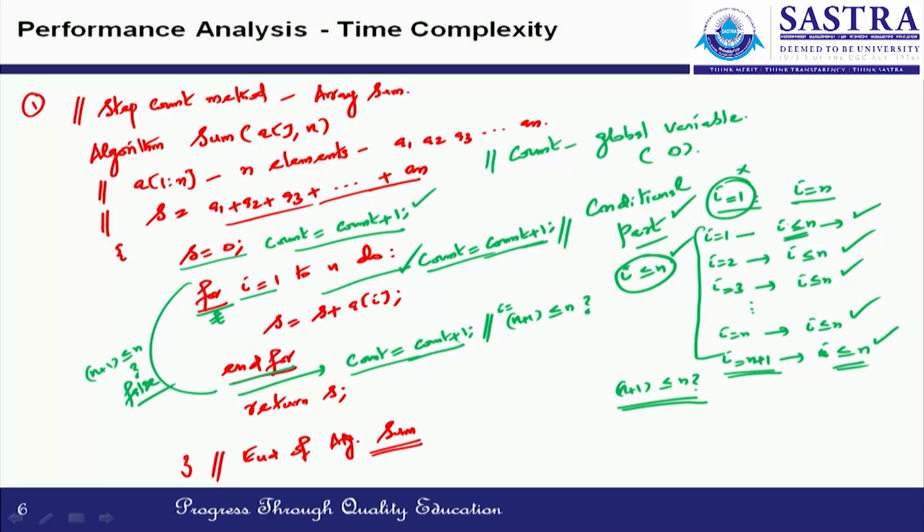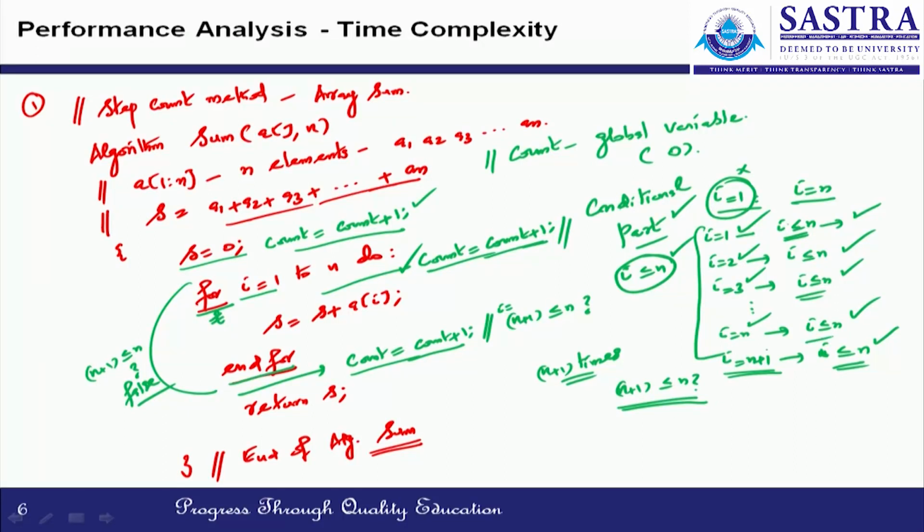So, just understand, for I is equal to 1 to n do means the for loop condition is tested n plus 1 times. How? When I is equal to 1, I less than or equal to n is tested. When I is equal to 2, 2 less than or equal to n is tested. When I is equal to 3, 3 less than or equal to n is tested. Likewise, when I becomes n, I less than or equal to n is tested.